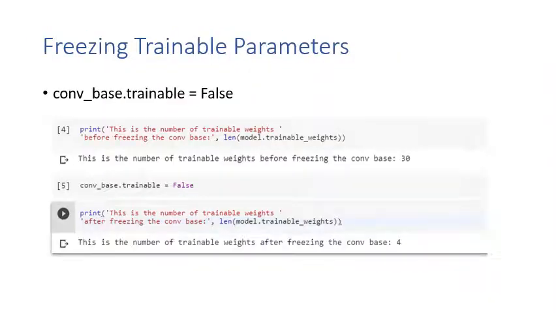We need to do one important thing before training. As you can see, we have a lot of trainable parameters. In fact, we need to freeze the parameters in the VGG16 model because we want to reuse the weights. To freeze the parameters, simply set the trainable parameter of the convolution base to false.